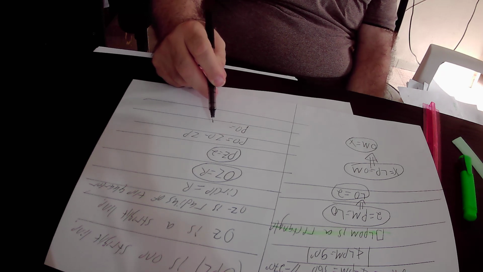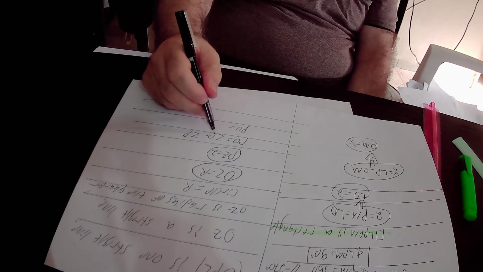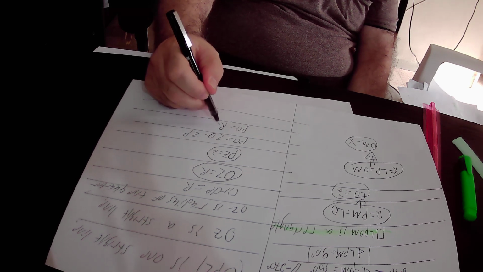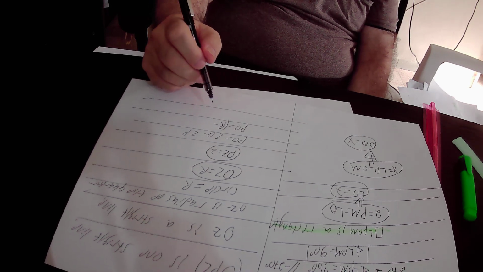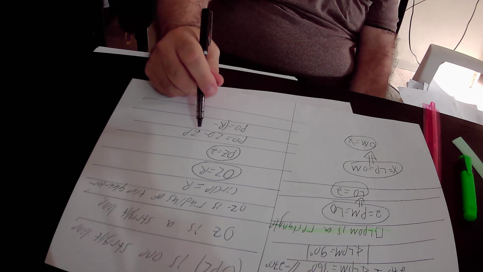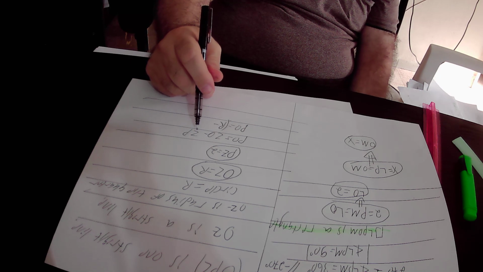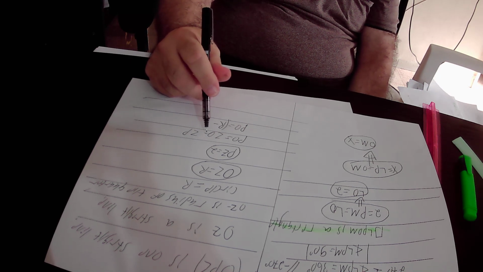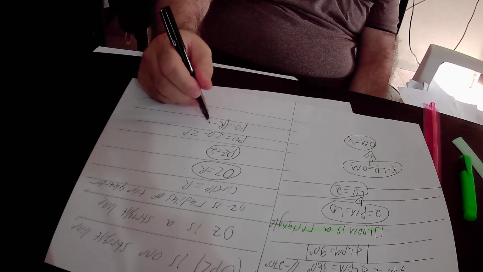So ZO is the radius of the quarter circle that is equal to capital R according to our definition, while ZP, it is PZ of course. So PZ that is equal to ZP, it is equal to 2 units, it is the radius of the circle.